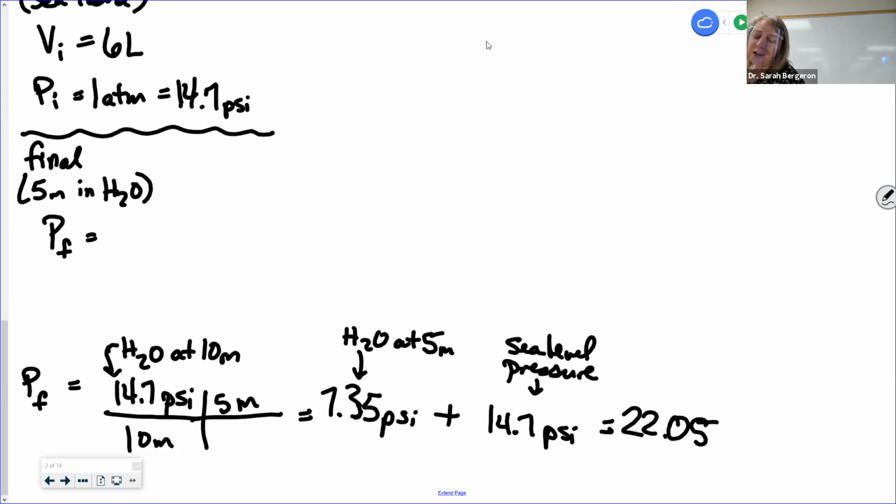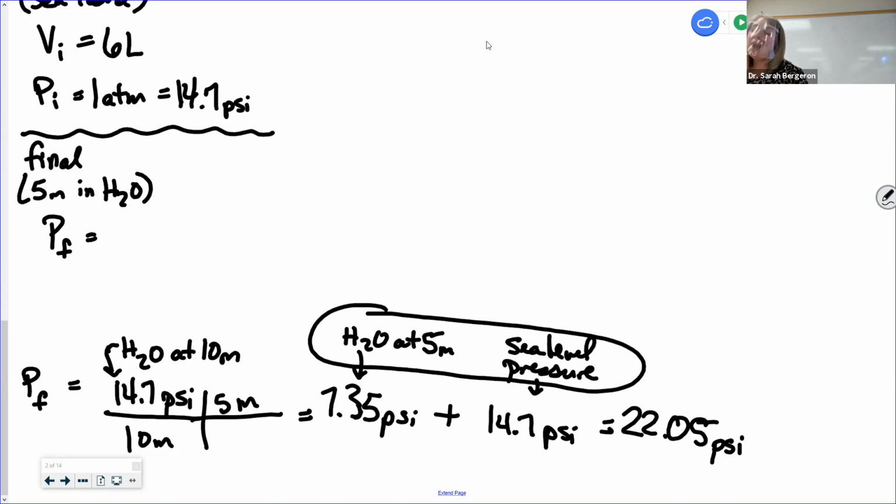Okay, and that unit is PSI. So we actually had to do a little bit of math in order to figure that out. So this is really our pressure final. Our pressure final is a combination of both water and air pressure. Okay, so we can put that over here at 22.05 PSI.